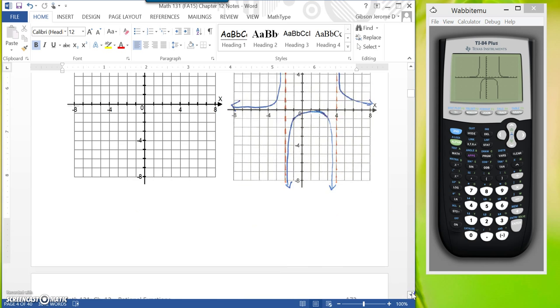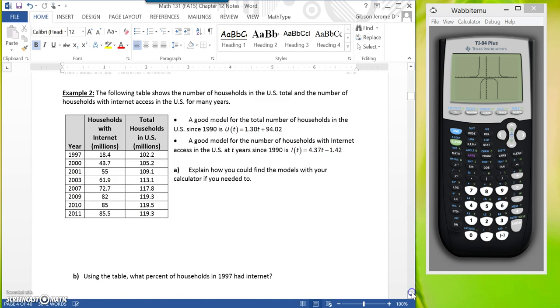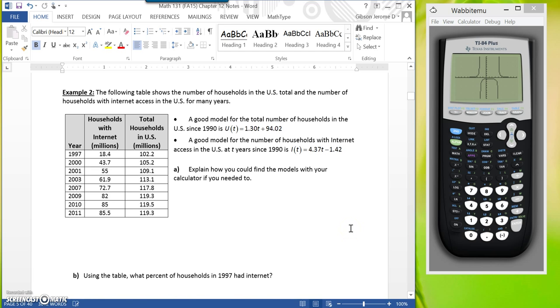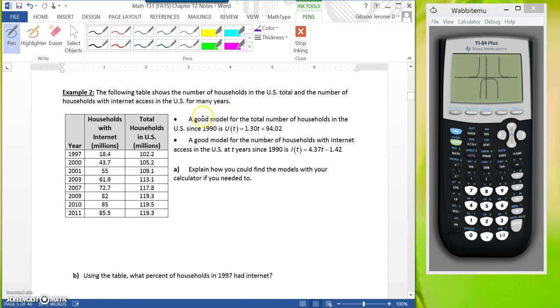Now, we scroll on down here to example 2. It says the following table shows the total number of households in the U.S. and the number of households with internet access in the U.S. for many years. A good model for the total number of households in the U.S. since 1990 is U of t equals 1.30t plus 94.02.